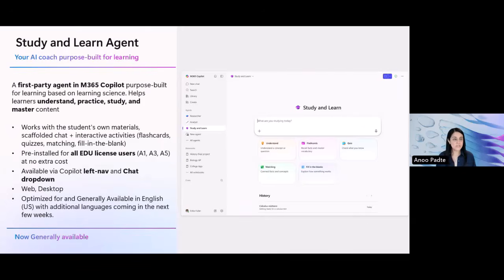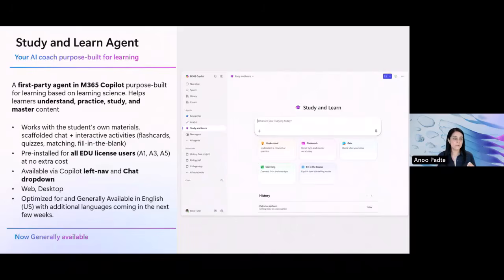Now, this agent is available to all EDU license holders, A1, A3, A5. You do not need to get an additional Copilot license to get the agent. However, there's a very important piece that needs to be true before your students can access this agent or anybody in your tenant. Copilot Chat needs to be enabled. By default, Copilot Chat is not enabled for students ages 13 to 17. IT admins have to take a step to enable Copilot Chat.